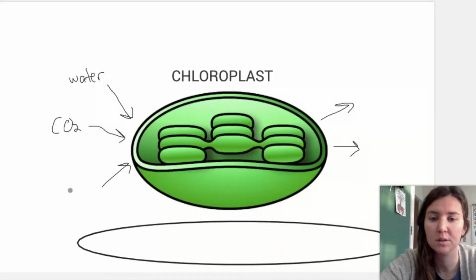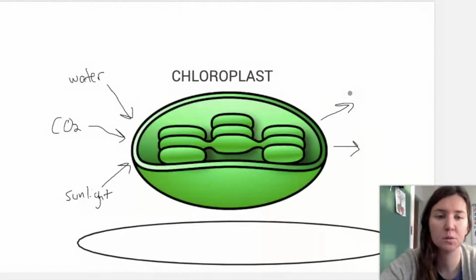Now it also needs that sunlight for this reaction to happen. Okay, and then our products, what's being made, is glucose, which is sugar, and oxygen, O2.